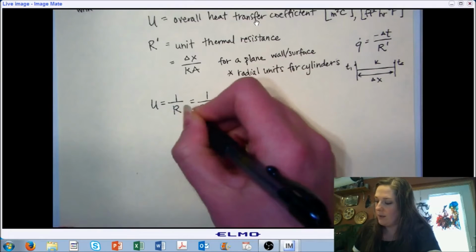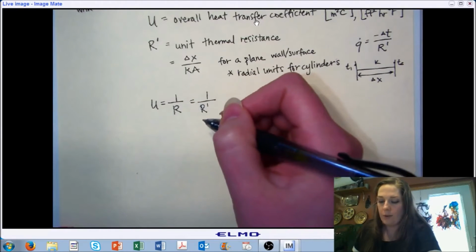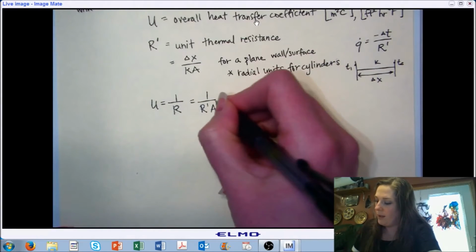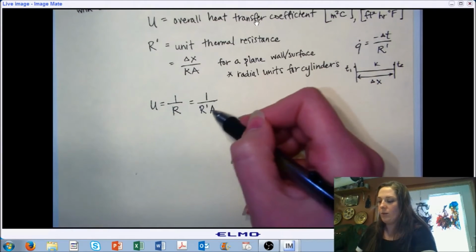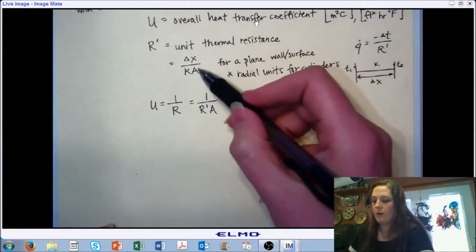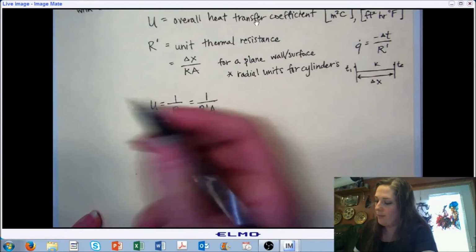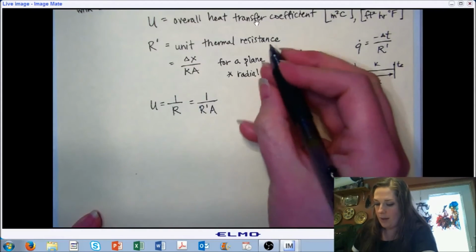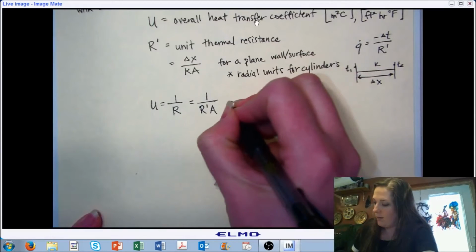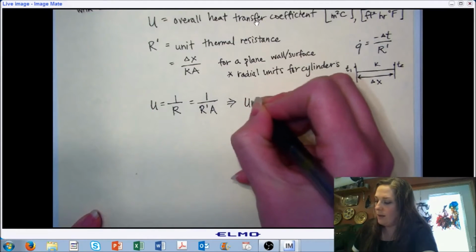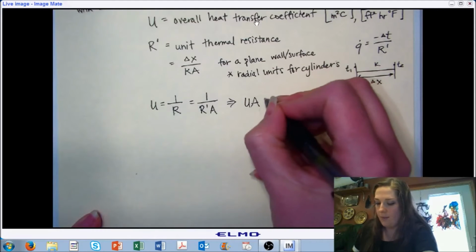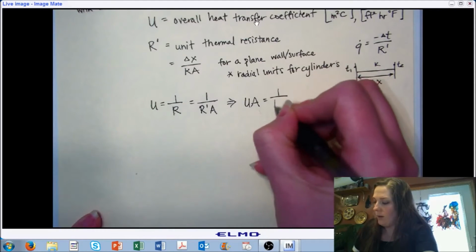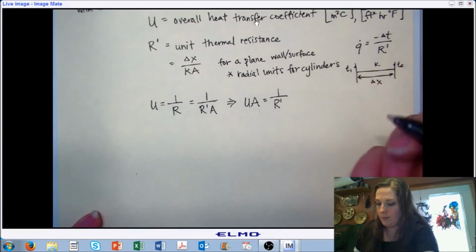So if we look at our resistivity, U is equivalent to 1 over R. If we look at unit thermal resistance, then it's 1 over the unit thermal resistance times area. So if you recall, there's an area in the denominator here. And if we manipulate a little bit, to get us into that heat transfer equation we saw earlier where Q is UA delta T, UA is the equivalent of 1 over this unit thermal resistance.